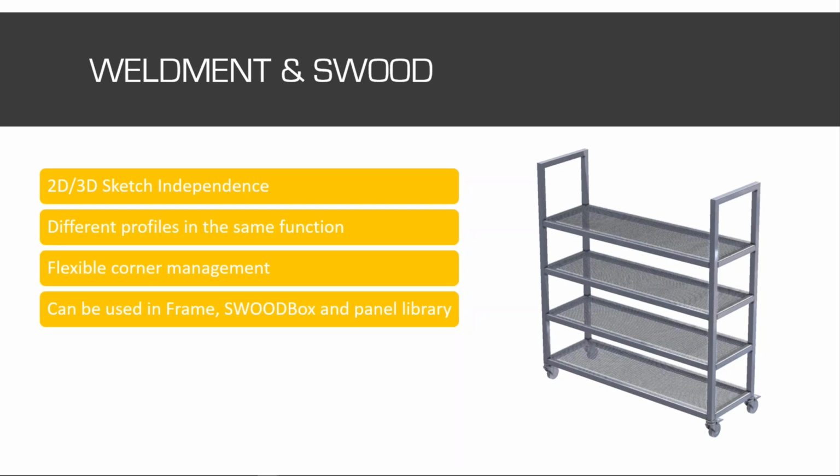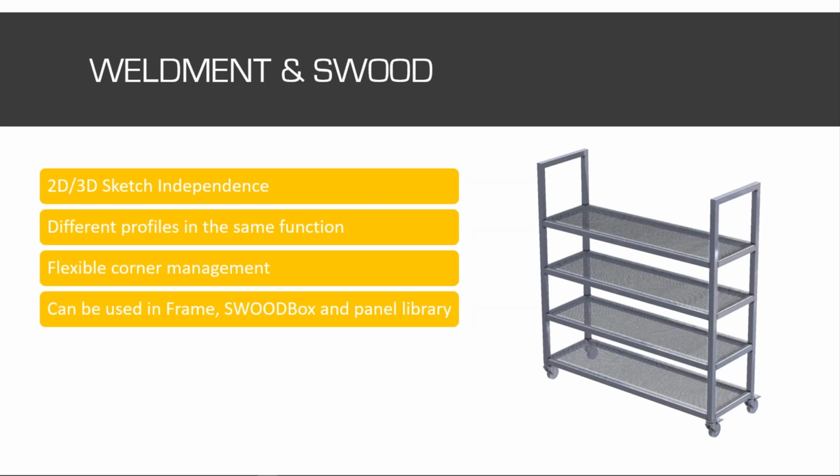Even if it's 2D or 3D sketches, all the different lines in these sketches will be independent, so you will be able to apply different profiles in the same function. You will also have flexible corner management. This way, you will be able to create designs easily and also define all your corners easily.